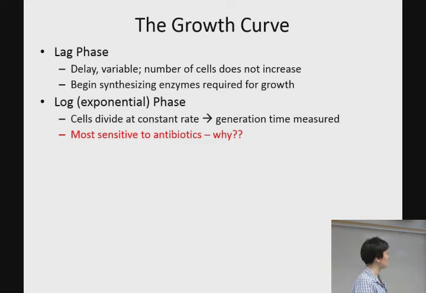Now, this phase is one where the cells are the most sensitive to antibiotics. Do you have any idea why that might be the case? This is counterintuitive for a lot of people because they think, oh, there's lots of great stuff around. These guys should be super healthy. And we think, when we're super healthy, we can ward off infection better. Yeah, they're making new stuff all the time.